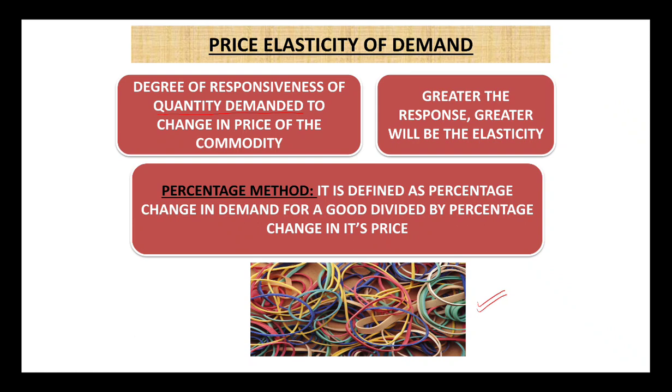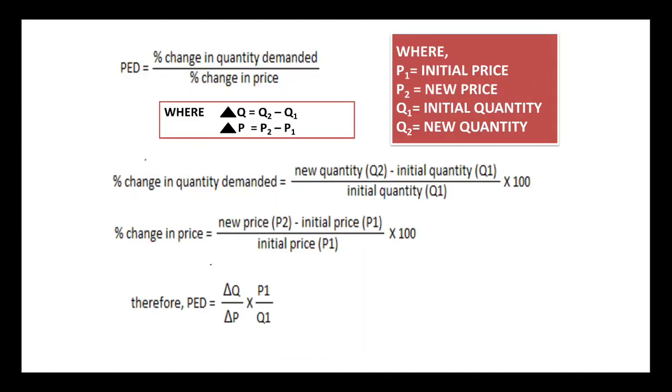Now there are basically two methods which we are covering. The first is the percentage method, which simply says that we are talking about the percentage changes in the price and the quantity demanded, that is, as the percentage change in the price takes place, how does the percentage change in the quantity demanded react to it. And this is the formula for this.